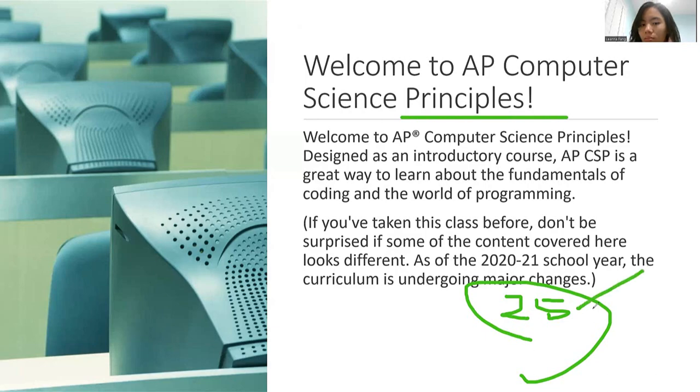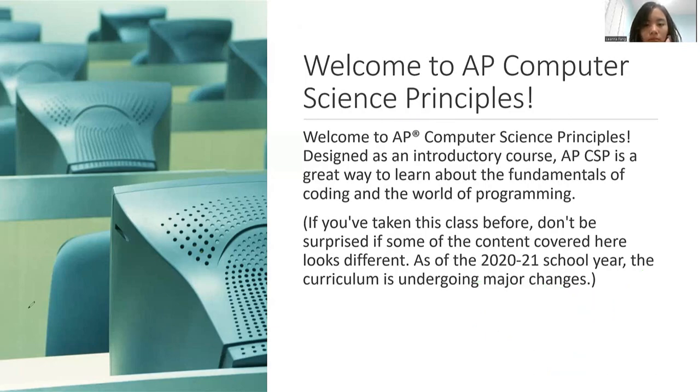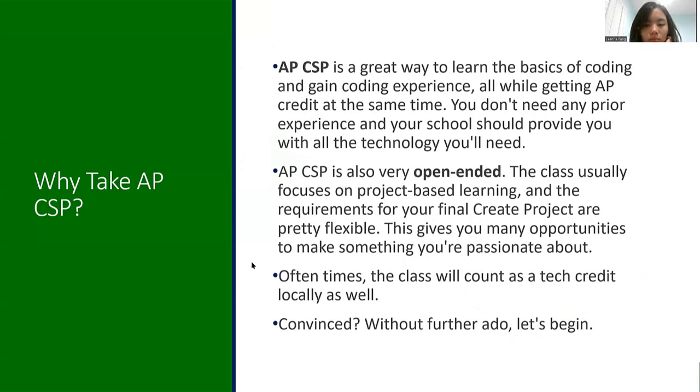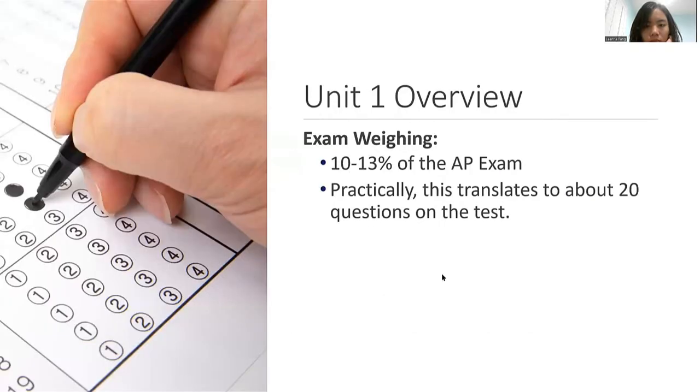I'll talk about these 2025 updates. As I said, AP Computer Science Principles is an open-ended course. That means no teacher knows exactly what needs to be taught and what doesn't. Everything can be taught, but under certain guidelines, and usually you don't know what is within the boundary.